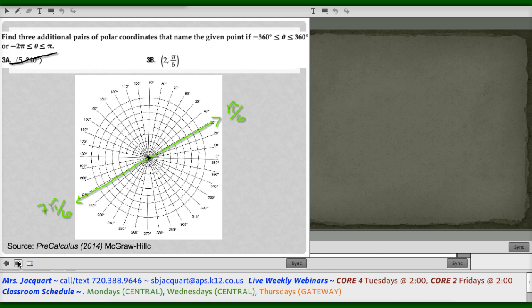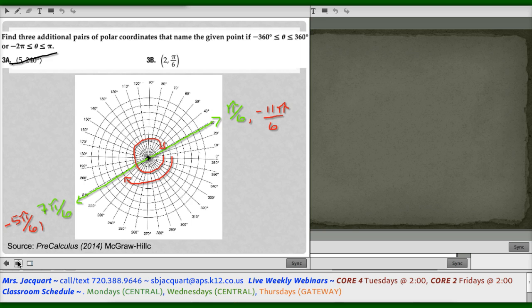This is also, if we go backwards to that one, this is -11pi/6. And this one over here, if we came backwards to it, that's -5pi/6. So those are all the angle parts.